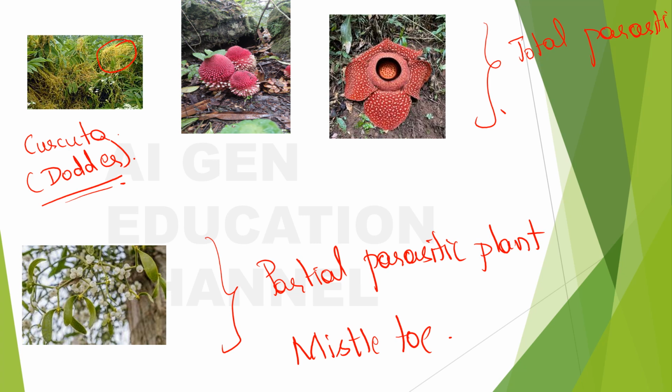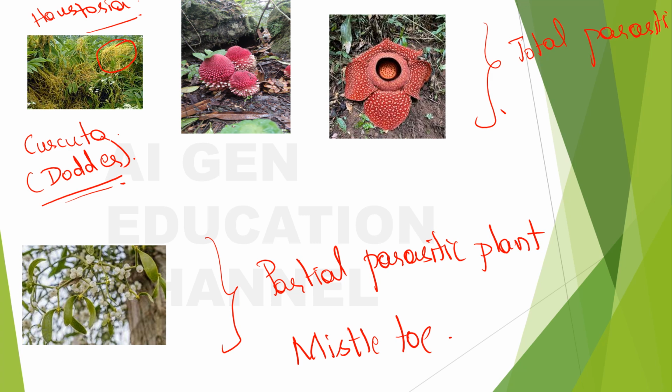What is the peculiarity of this? It has thread-like stems that twine around the stems of the host plant. You can see it is so thin, right? This plant has special root-like structures called haustoria. These penetrate into the host and absorb the nutrients of the host plant.